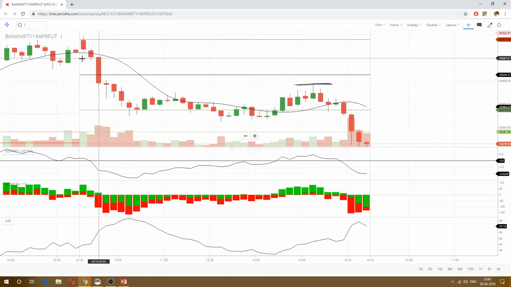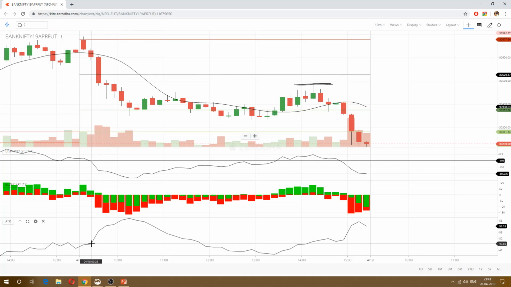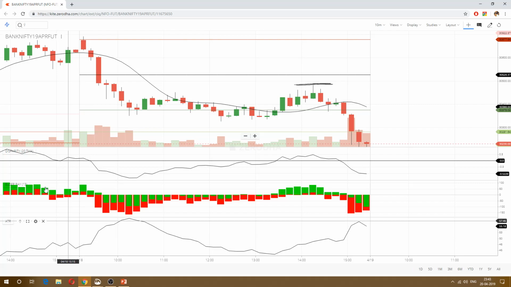At this particular area, when this candle was formed, ATR was 47.51. So let's say 47. 50% of 47 is around 23.5.